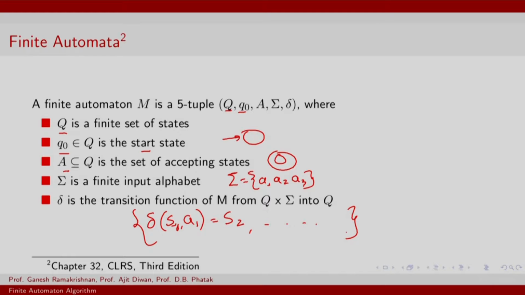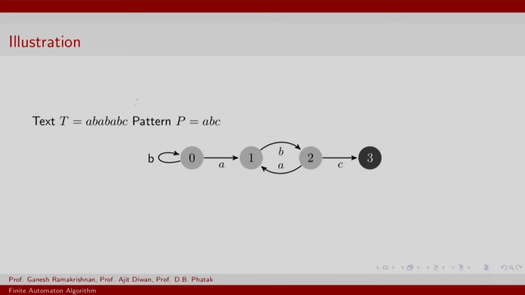Now what you want is to construct an automaton that will exactly accept strings corresponding to the pattern. So let's illustrate with an example. We have pattern P equals ABC and we need to see what are the matches of ABC in the text AB, AB, ABC. I have constructed this finite state automaton corresponding to the pattern.